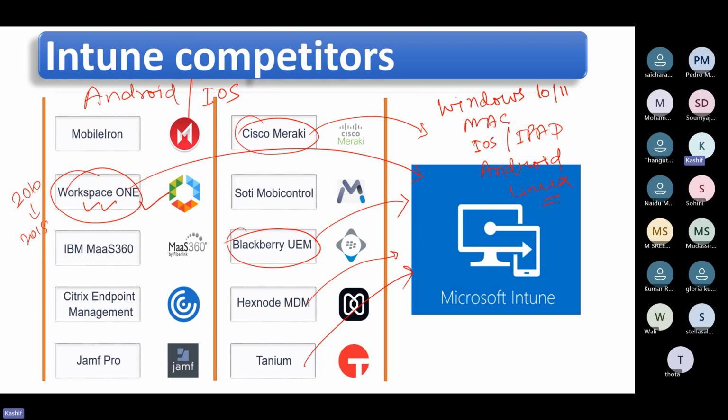They don't want to utilize separate products for Android and iOS and for Windows, they want Intune, right? So they don't want to waste their licenses. So with Intune, under one umbrella, all the devices can be controlled, enrolled and managed rather than going to two different platforms.